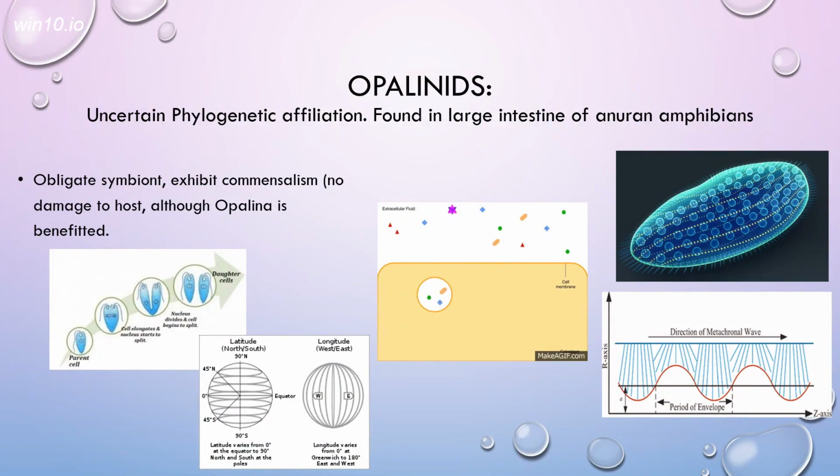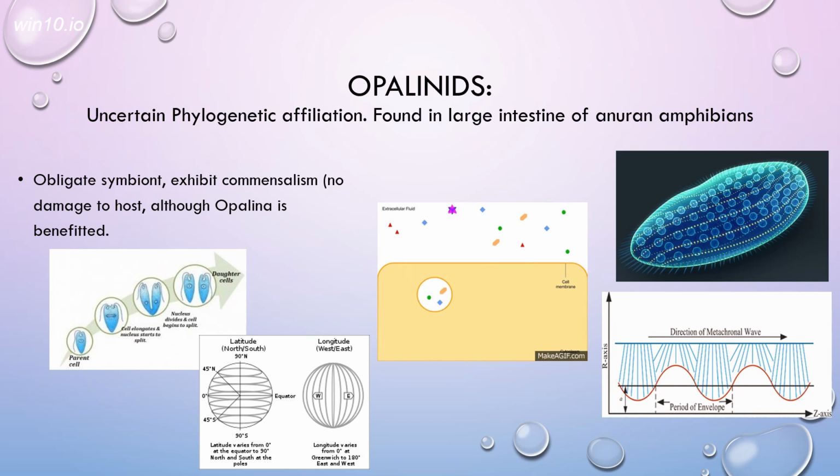Then come the opalins. Opalins again can't be classified, it's a single phylum with uncertain phylogenetic affiliation, and they can be found in large numbers especially in anurans, that is amphibians.